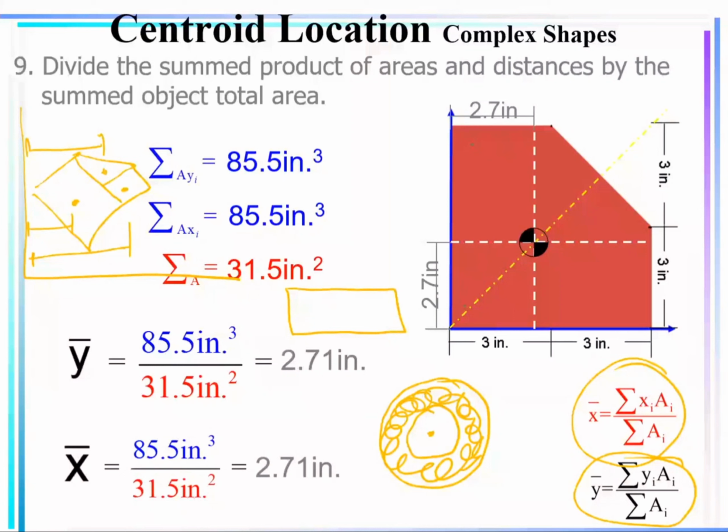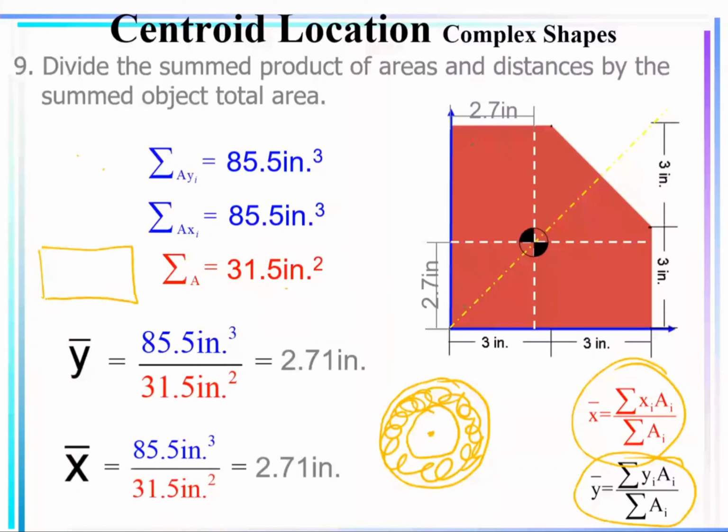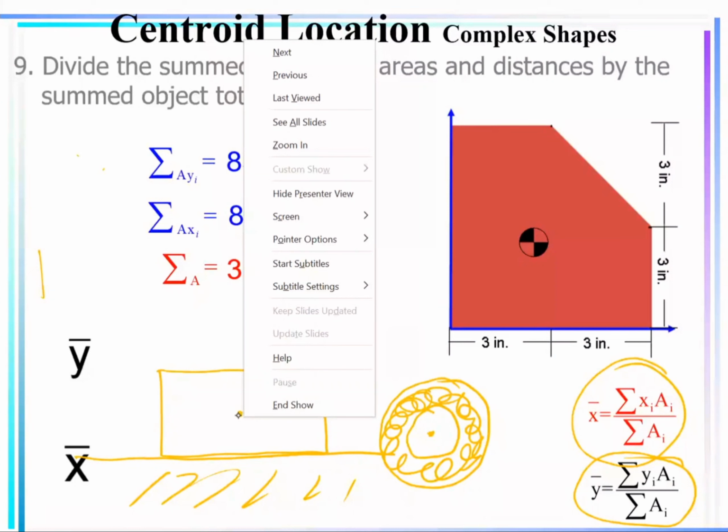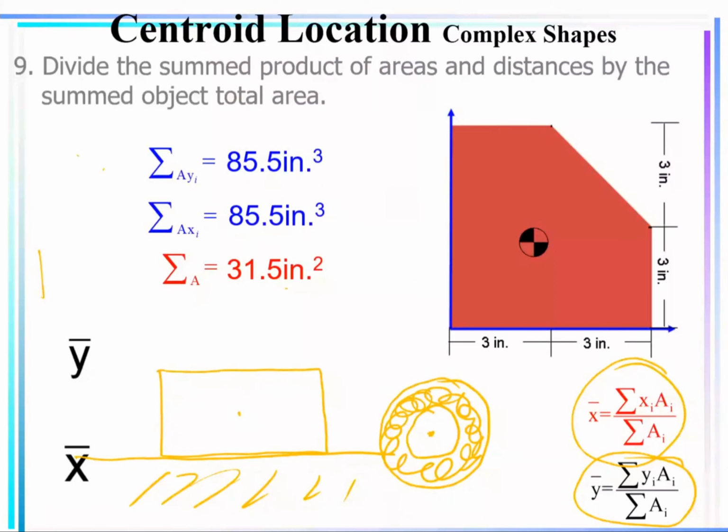That's the object on ground, on Earth, and that's the point here. So it's my center of mass and center of gravity, both.